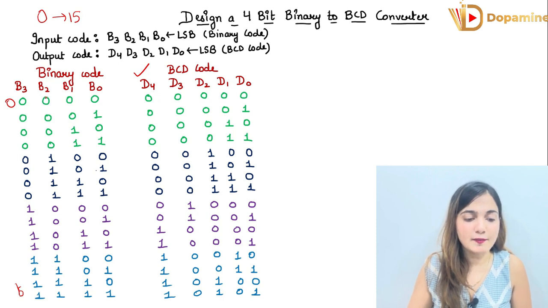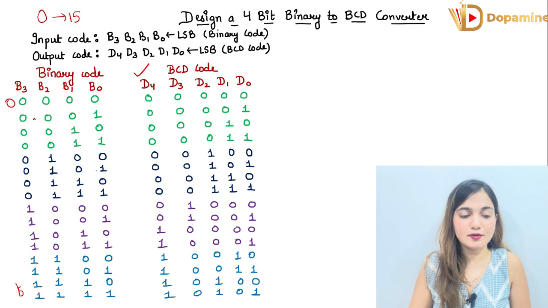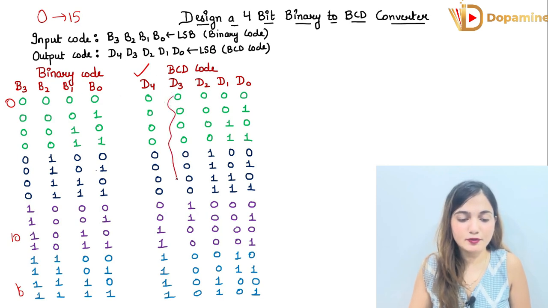So let's write all of the binary codes. 0 is represented with 0000, 1 is 0001, 2 is 0010, 3 is 0011, 4 is 0100, 5 is 0101, 6 is 0110, 7 is 0111, 8 is 1000, 9 is 1001, 10 is 1010, 11 is 1011. From 10 the representation changes. If you see the BCD code from 0 to 9, it is the same till 1001, and D4 in all of these cases is 0. Then in the BCD code we have a 1 and we start again from 0000.